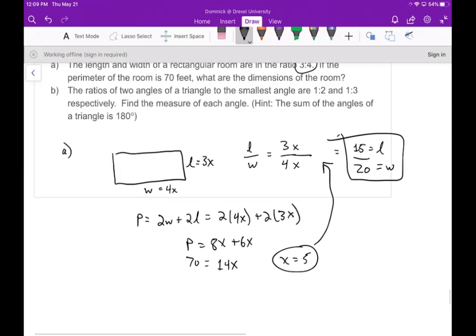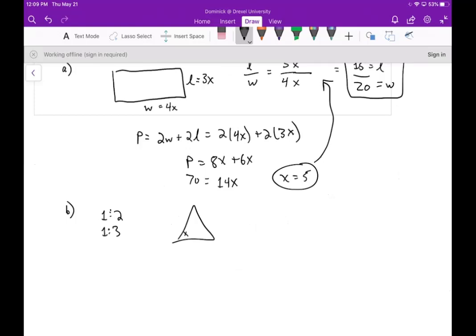In part B, the ratios of two angles of a triangle to the smallest angle are 1 to 2 and 1 to 3. So we have some small angle, and one of them is 1 to 2 and the other is 1 to 3. What does that mean? Your small angle over one angle is 1 over 2. Again, it's 1 times something, 2 times something.